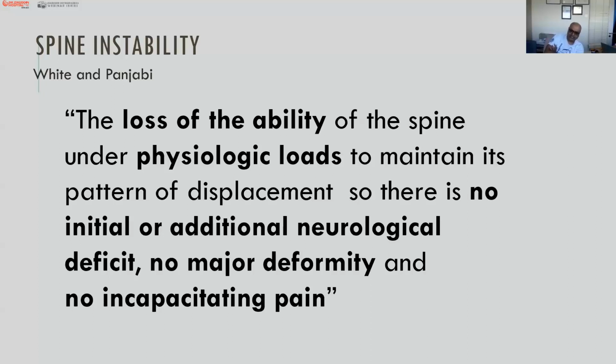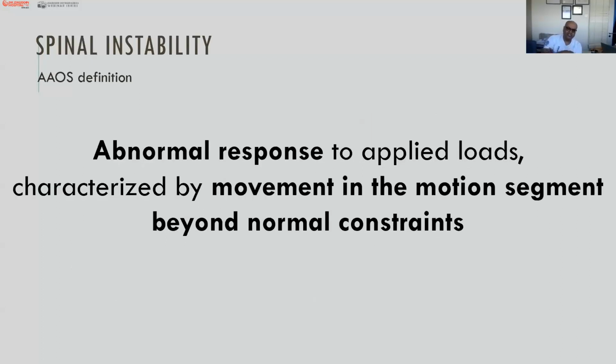So there is an importance here that under physiologic loads, if there is a loss of ability of the spine to maintain, or it causes increased displacement, then it is equal to spinal instability.